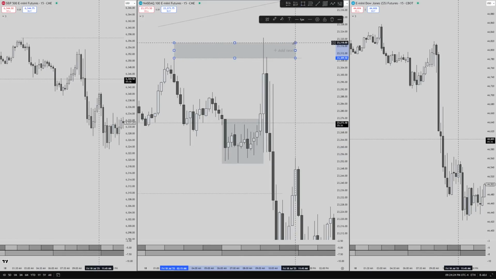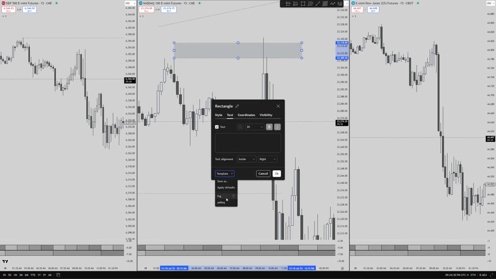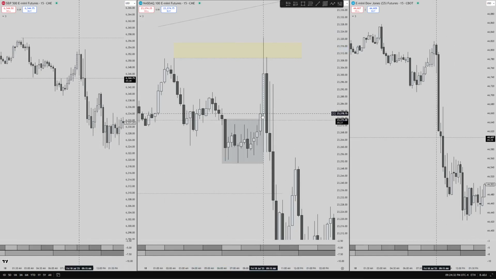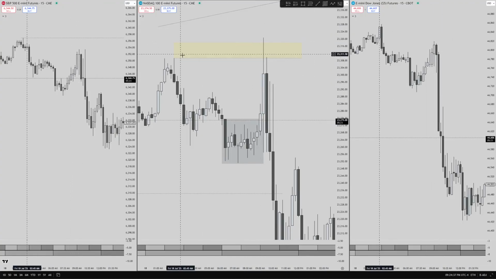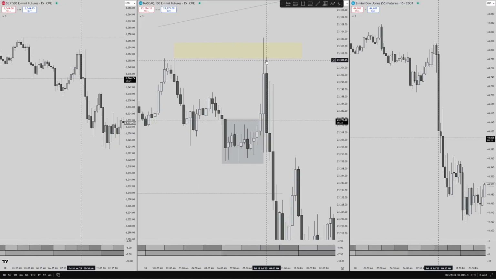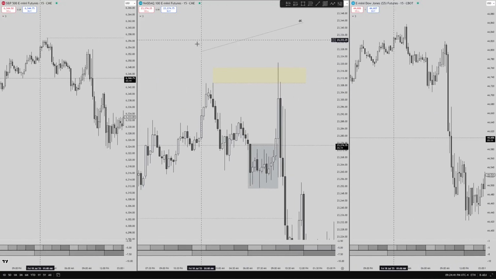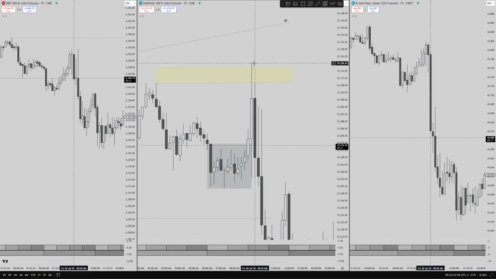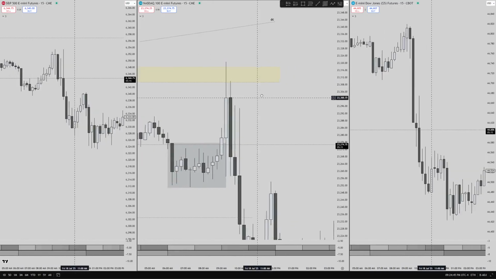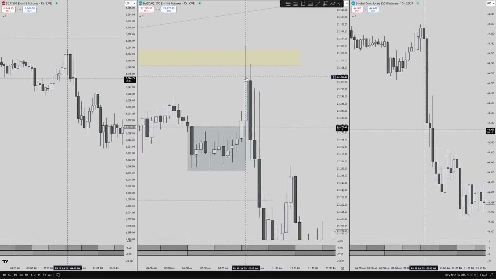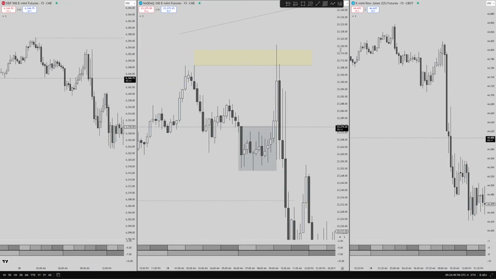Anything above this old high would be considered a manipulation, right? This is going to be your manipulation zone. So yes, this impulsive move can be considered a manipulation as well. Anything above this old high is manipulation, in which we create daily cycle sequential SMT, and you look for an entry above the old high, or with a lower time frame PSP entry model, to then reverse back down.